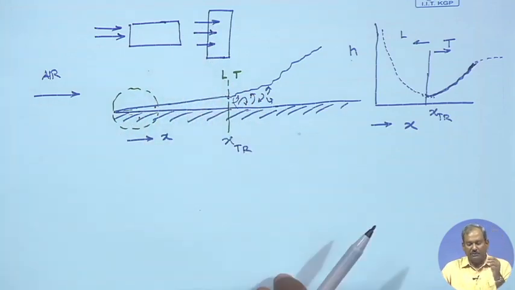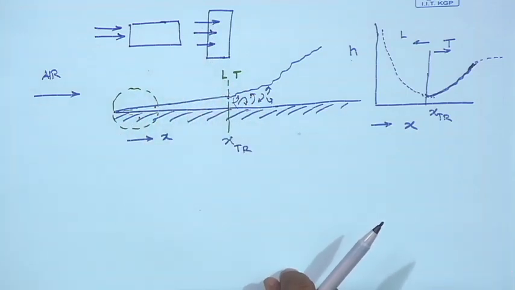Now, I think you would be able to answer which orientation is going to give rise to higher value of heat transfer coefficient. What we have seen from H versus X curve is that you would like the boundary layer to be thinnest on the region over which the flow takes place.